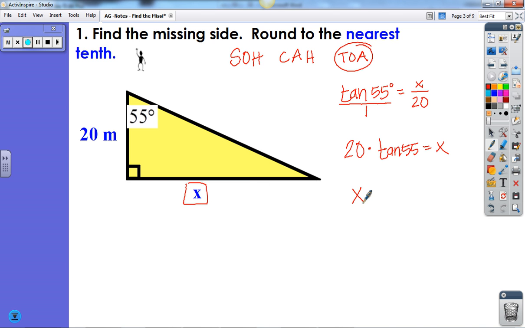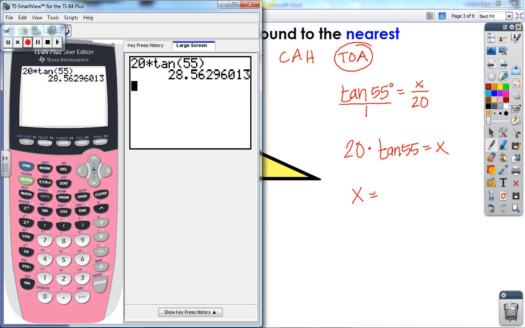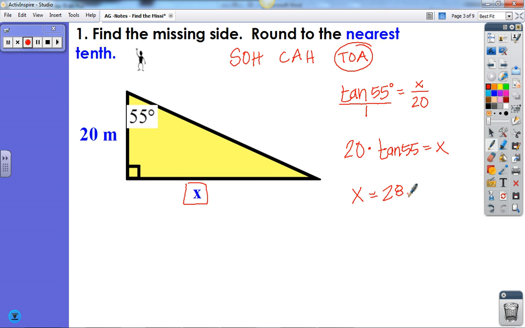That means x is equal to 28.56, and it asks me to round to the nearest tenth, so that's going to be 28.6. This side is in meters, so I'm going to label this as meters as well. So again, we set up our trig ratio, which is what we learned yesterday, but now we're actually solving for a missing side. So let's look at another example.